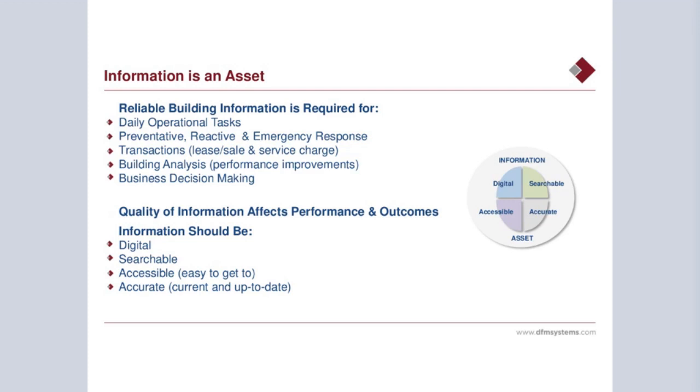But to make information of any value, it needs to be digital, searchable, accessible, and accurate. And accurate is probably the most important of all of those functions, because if the information is out of date, it can lead to dramatic problems on the project itself.